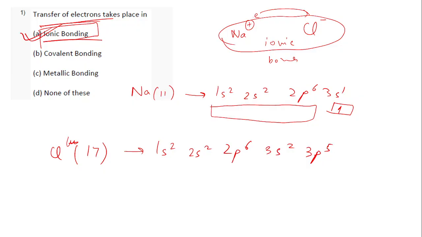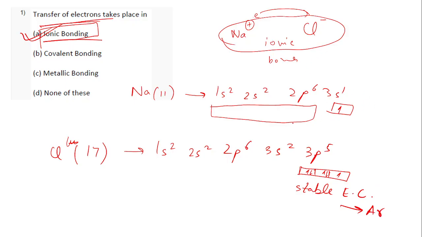Now, I told you there are 3 orbitals in the p subshell, holding up to 6 electrons, and here there are only 5. If it gets one more, then it will attain a stable electronic configuration. After that stable electronic configuration, it will become like argon gas.